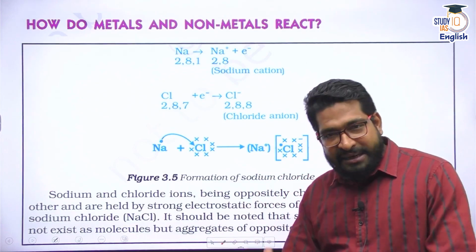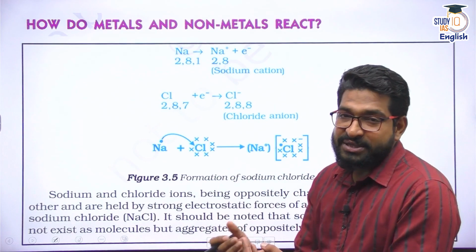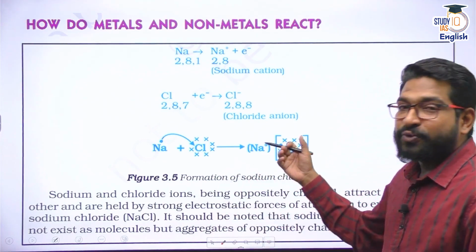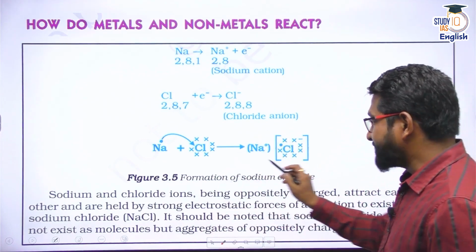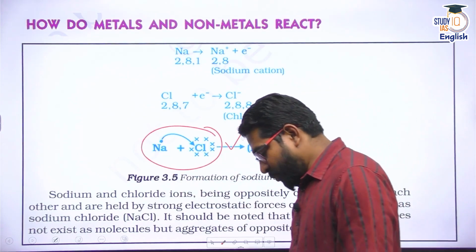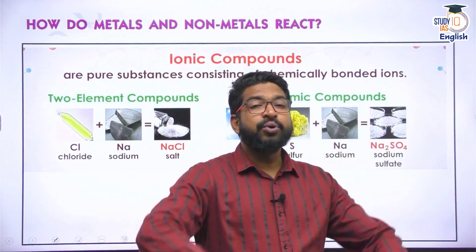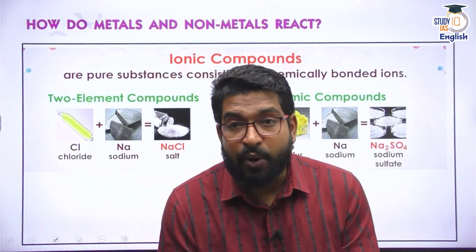So how do metals and non-metals react? By transferring electrons, which in ionic form leads to the formation of ionic compounds. The classic example is sodium and chloride. So a reaction between a metal and a non-metal leads to the creation of ionic compounds.